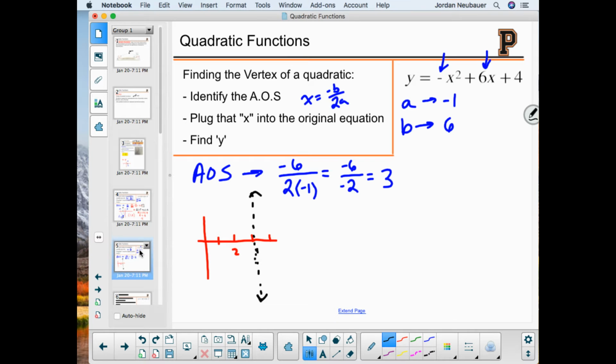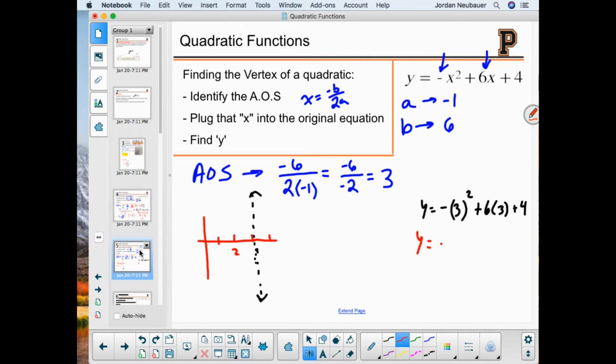Okay. To figure out the vertex then, we're just going to take 3 and plug it into the equation. So it would be opposite 3 squared plus 6 times 3 plus 4. Make sure we're following order of operations here.